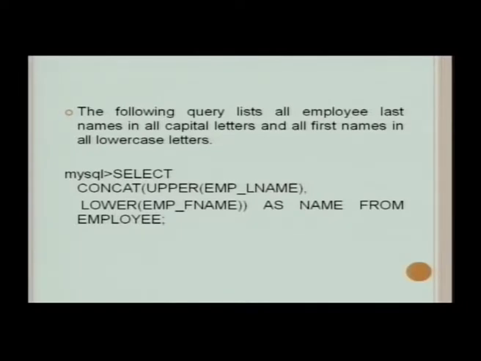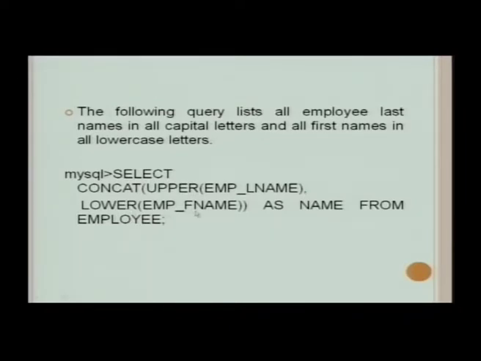First of all we want to present it as a full name, last name plus first name. So, I am using the function concatenate, and within this I want the last name in uppercase and the first name in lowercase.